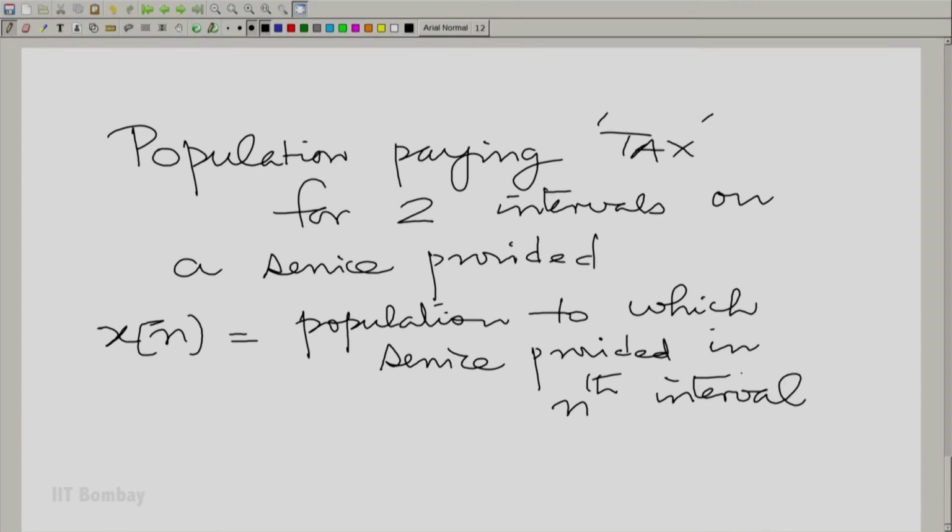To take an example, suppose the service, let us say, is some network service. So, the network service requires you to pay tax for one interval and tax for the interval afterwards, perhaps different amounts of tax.